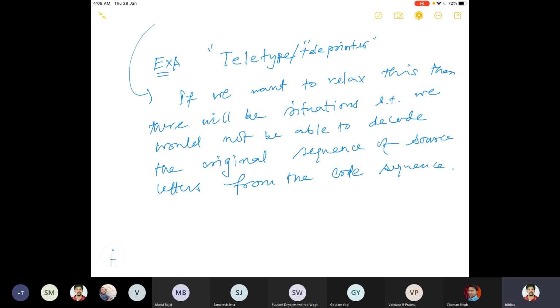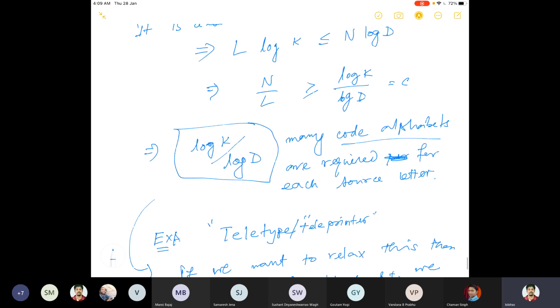And if we make this L sufficiently large, let's say L is very, very large, then we can have a very high probability that there will be no error, and the number of code letters per source symbol will be almost equal to the entropy of the random variable X, the random variable which involves a1, a2, ak.